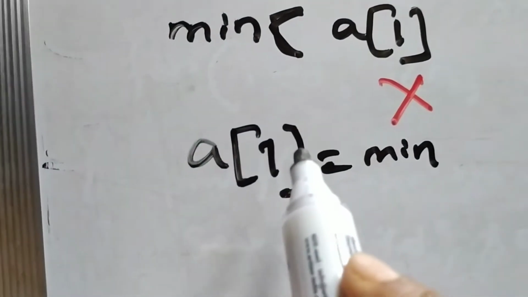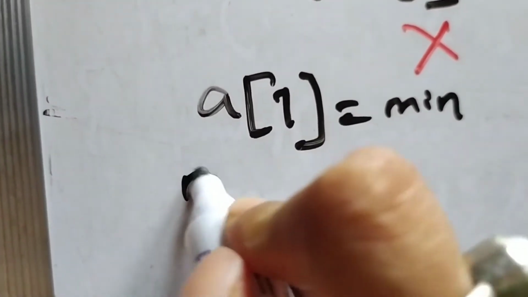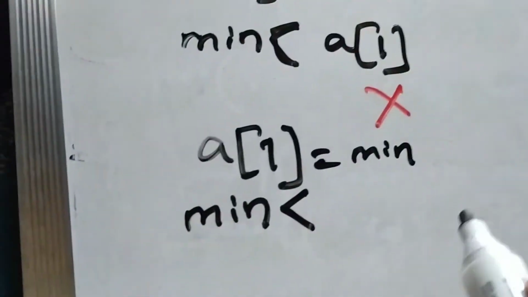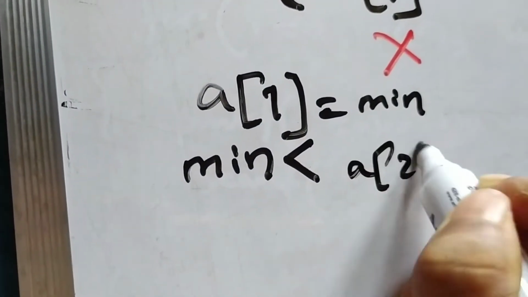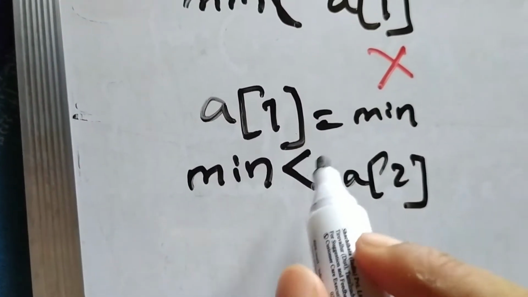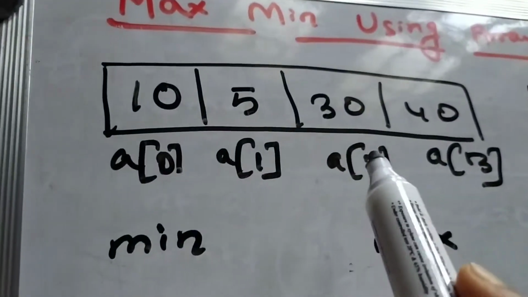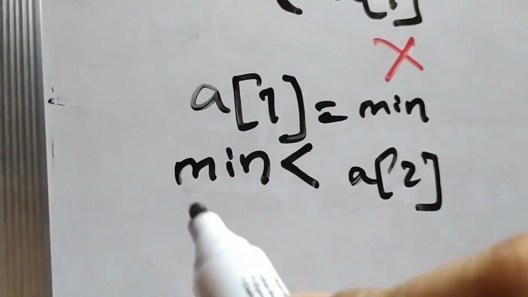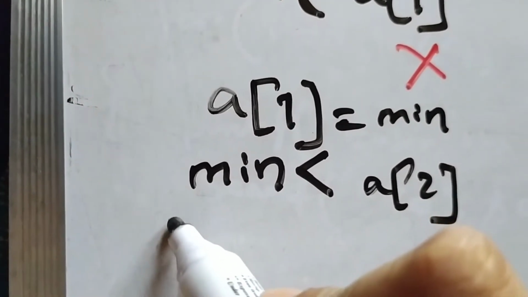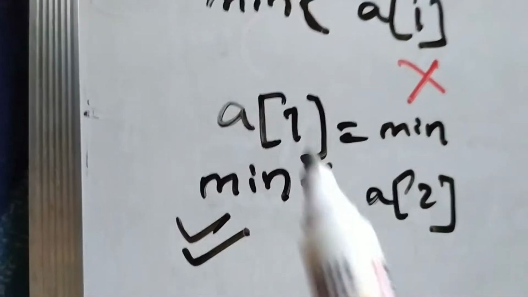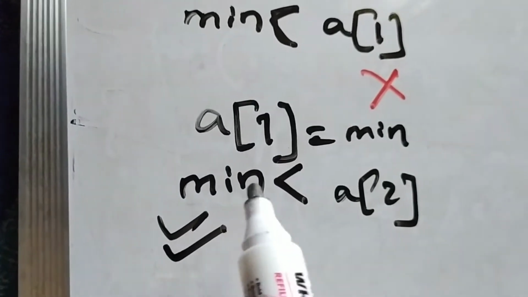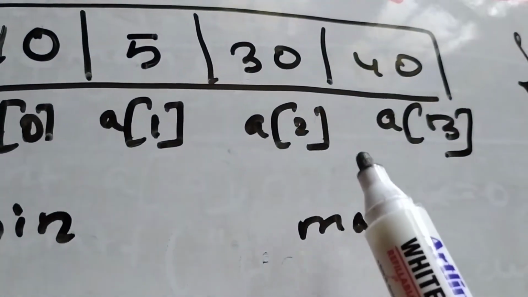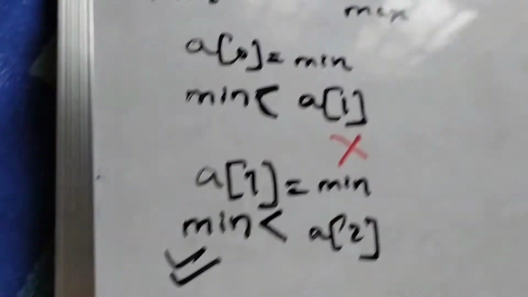Now again the loop is starting, minimum less than the next value, a2. a1 is 5, a2 is 30, so a1 will be the lesser among those two values. So this condition is satisfied. Now the loop will continue and go to a3.